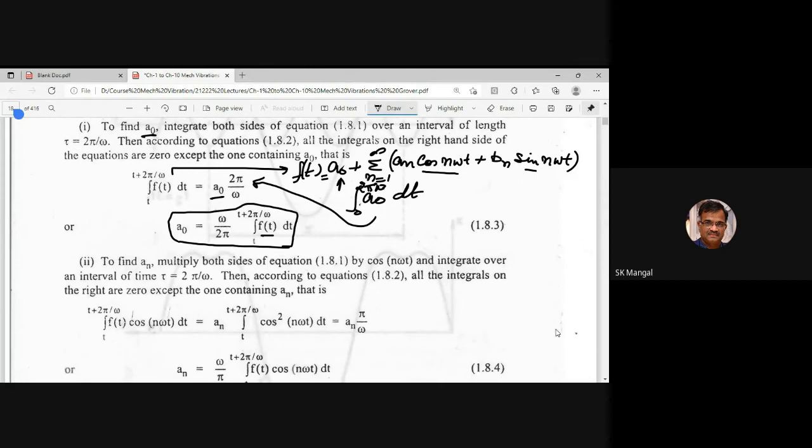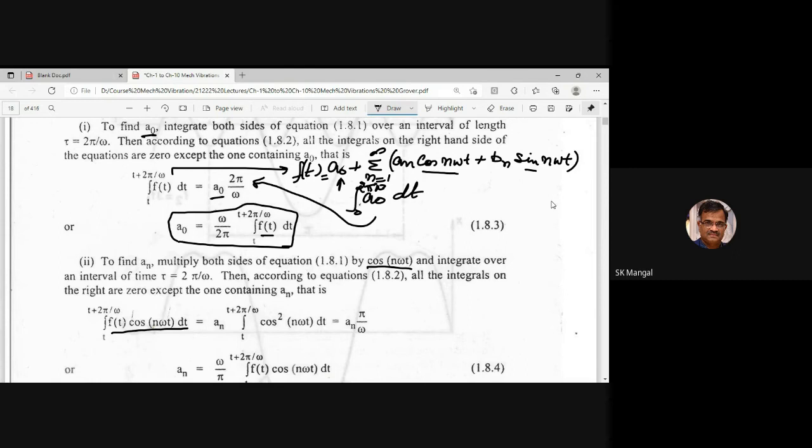Now similarly, if you want to find a n, then we need to multiply by cos n omega t. You multiply this by cos n omega t, and you will get only one term out of all of them which is non-zero.